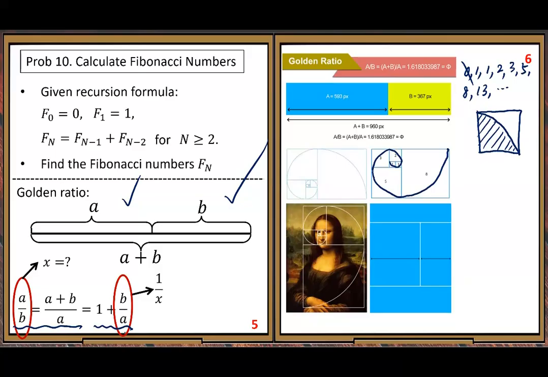Why can we use 1 over x to represent B over A? There are two ways to see it. The first way, the straightforward way. The B over A ratio, can you see it is 1 over A over B? Direct, straightforward.